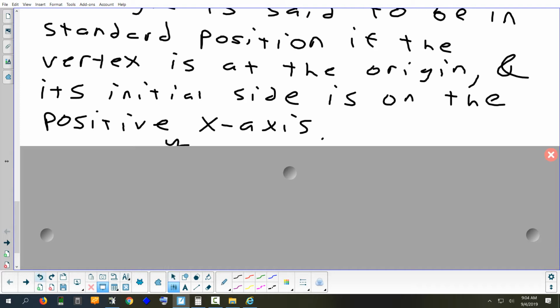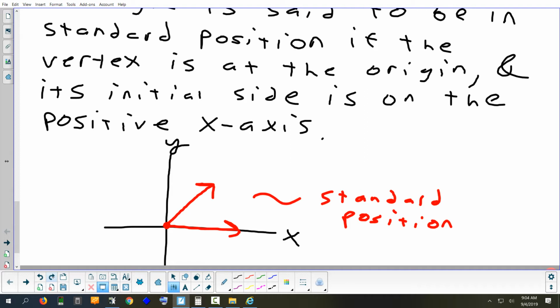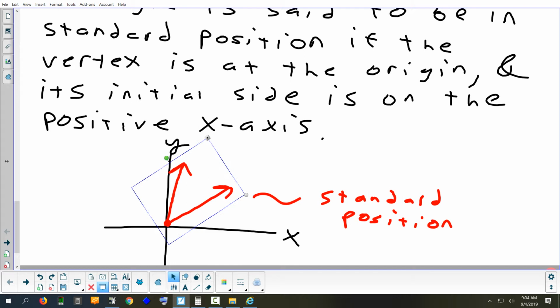If the one in black wasn't on the x-axis, let's just go like this. Now it's not on the x-axis. Is that standard position? Some people are saying no. How come that's not standard position?